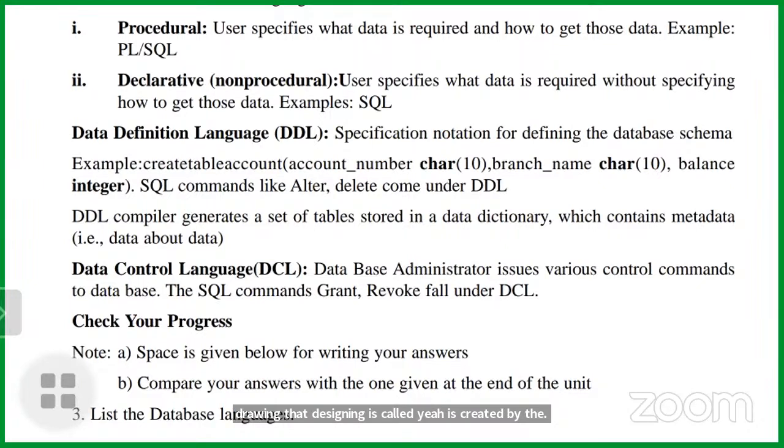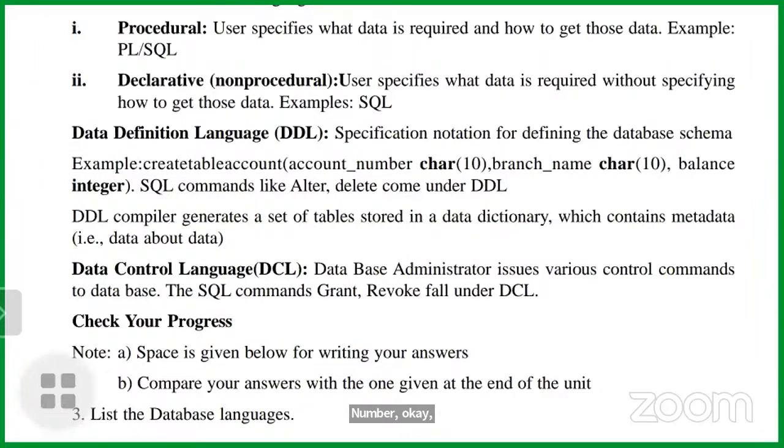And if you want to insert data, I mean you want to give the column names and rows, then that is called DML language. So using DDL you are designing, and using DML you are accessing data. Next, the example he gave: create table with account number, branch name, balance.